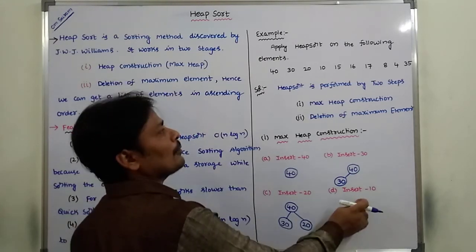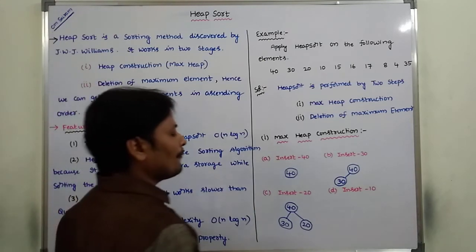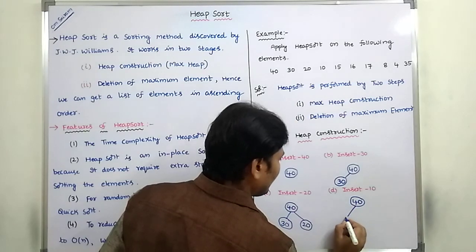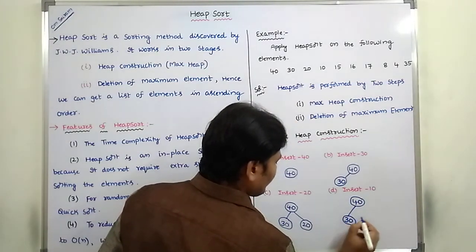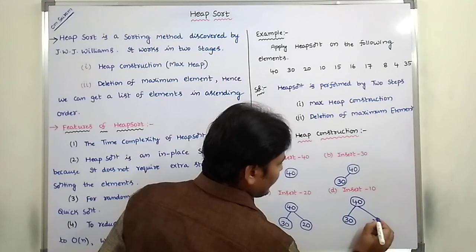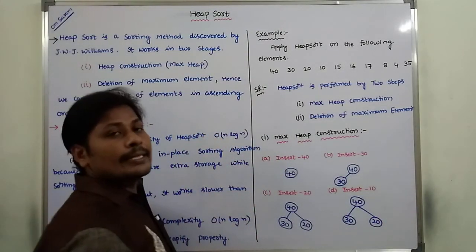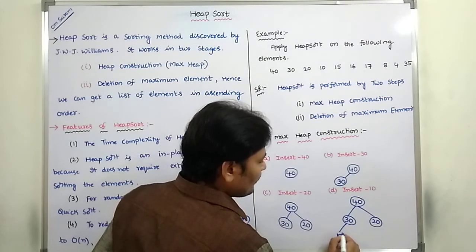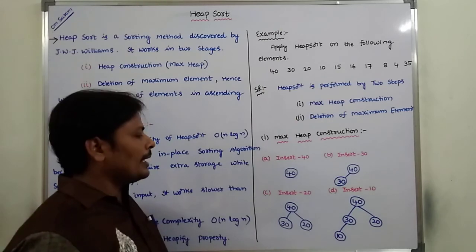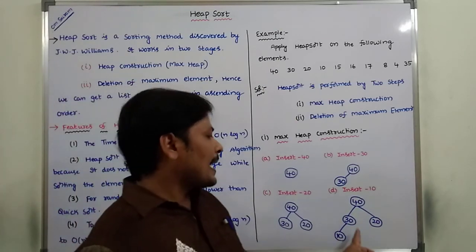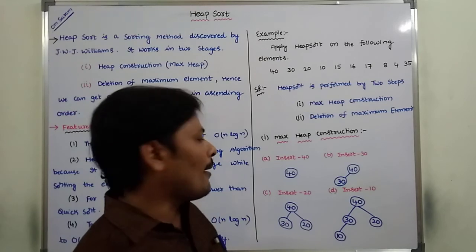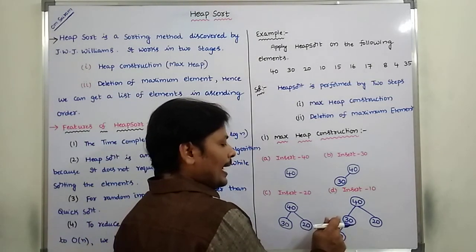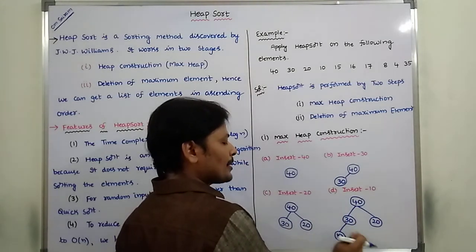Next, we have to insert element 10. Before inserting element 10, the existing maximum heap binary tree is this one. Now 10 can be inserted as the left child of 30. After inserting 10, does it satisfy the maximum heap property? 10 has the parent 30. 30 has only a left child, there is no right child.